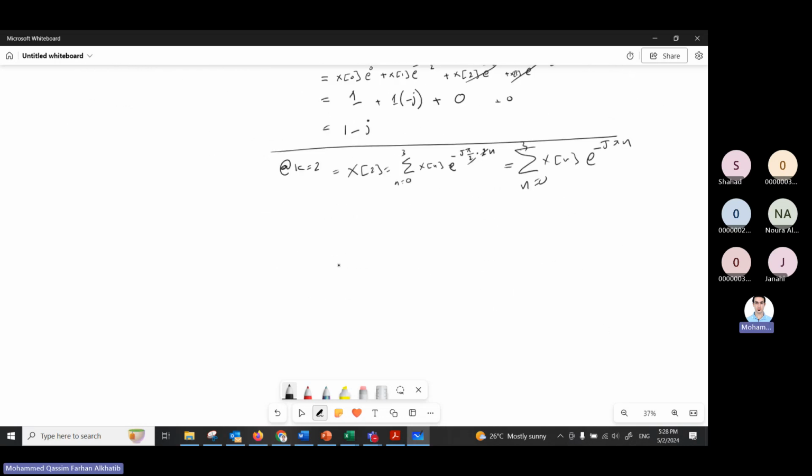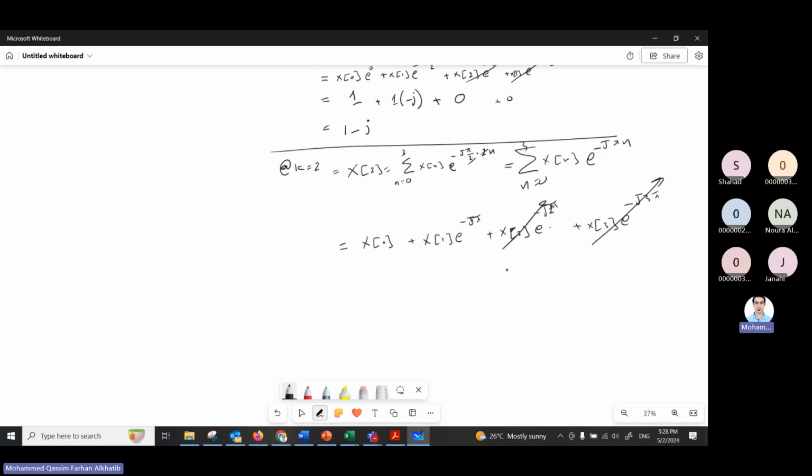So let's substitute. I will get x of 0, and the first term is always x of 0 because n is 0, plus x of 1 e to the power minus j pi, plus x of 2 e to the power minus j 2 pi, plus x of 3 e to the power minus j 3 pi.